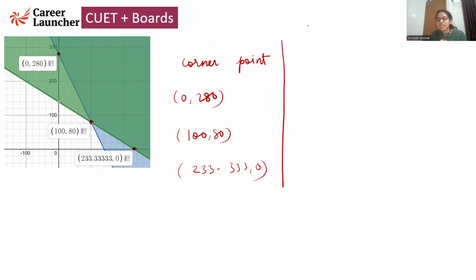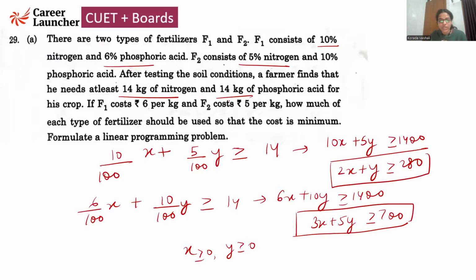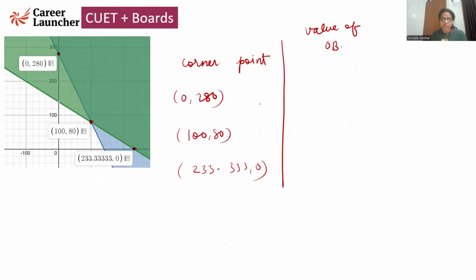Now what we are looking at is the value of the objective function. So at (0, 280), yes, what is my objective function? My objective function is that if F1 costs 6 rupees per kg and F2 is costing 5 per kg, what is the minimum cost? Okay. So my Z is 6x plus 5y. So this is the objective function, and let us just substitute.